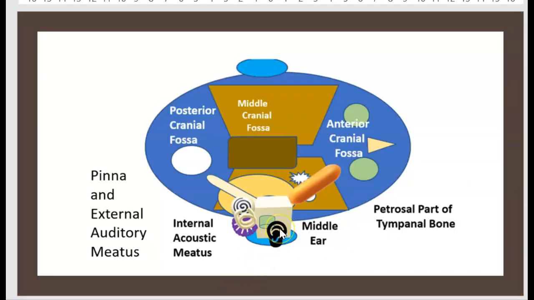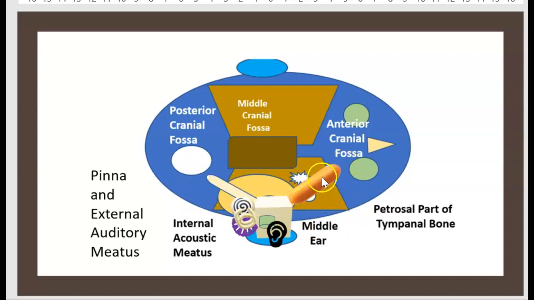Pinna and external auditory meatus, petrosal part of temporal bone, posterior cranial fossa, anterior cranial fossa, and middle cranial fossa, middle ear, and internal acoustic meatus.